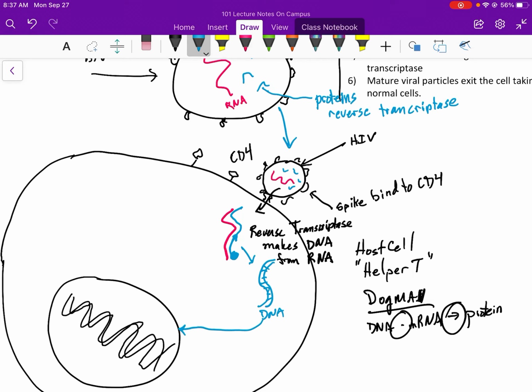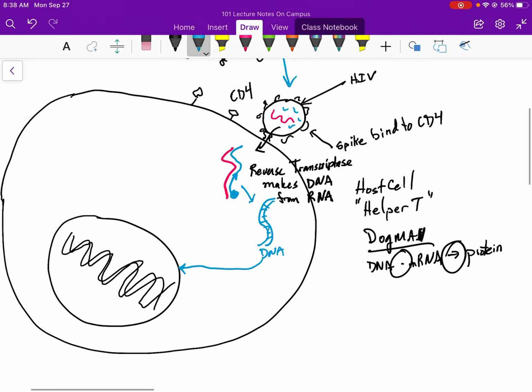Woohoo! It goes right in through the nucleus, just like a small piece of RNA would come out of the nucleus. This one goes in, right? And what's crazy about HIV is it actually goes into the genome. So it inserts itself.